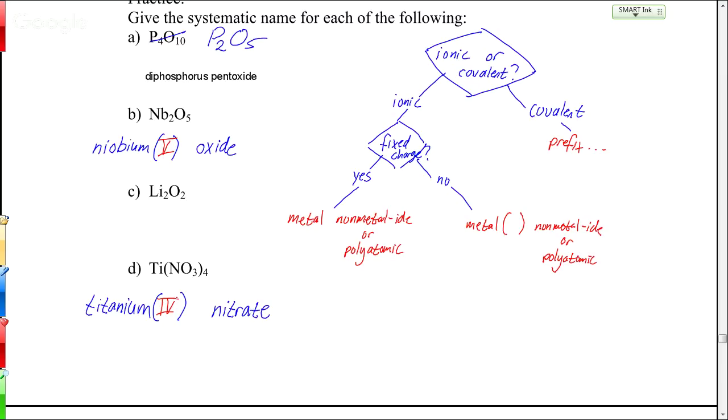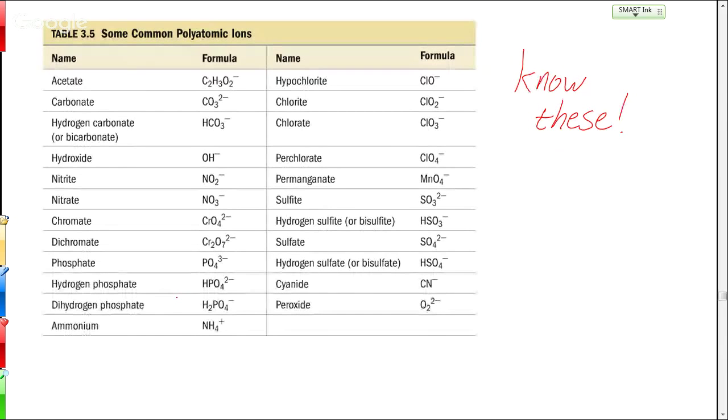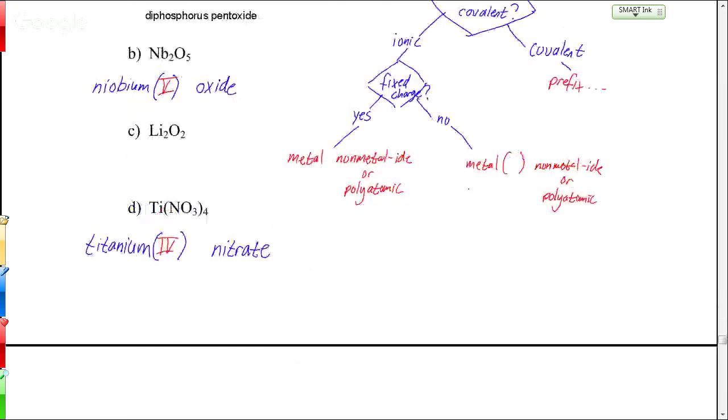So that tells us that in this particular case, O2 is not oxide, but rather it's a polyatomic ion, peroxide, which is O2 2 minus. All right. That's an unusual one, but it's one to watch out for. If you've got 2 oxygens together like that, it could be peroxide, which is 2 minus on its own.